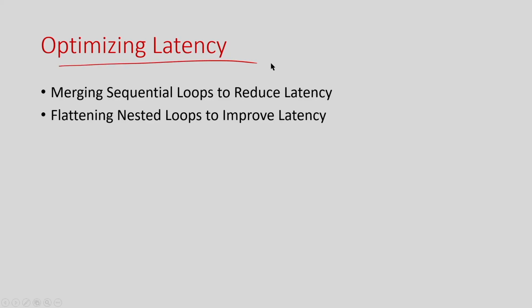Now I will move to the last part of this discussion: how we can optimize the latency in some cases. There are two cases where we can improve the latency. The first is that if there are multiple loops, we can merge them into one loop so that latency can be reduced, and the second one is the flattening of nested loops, right.